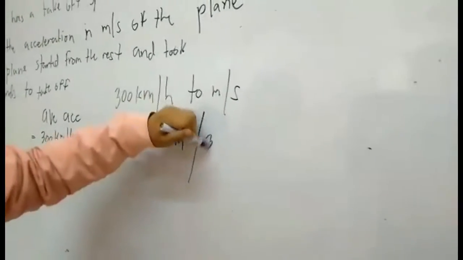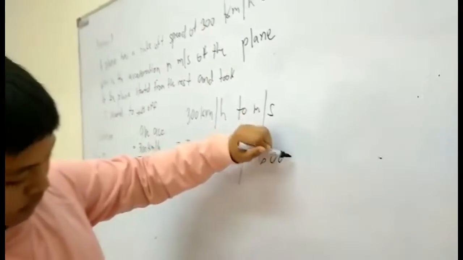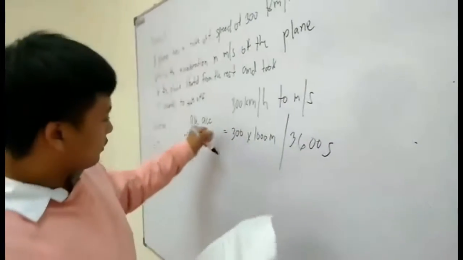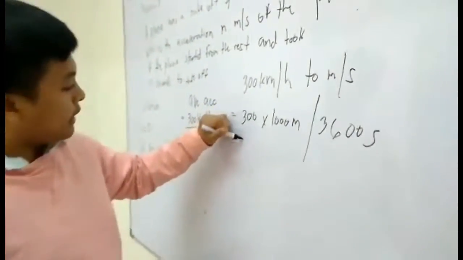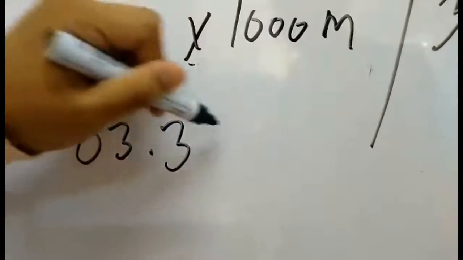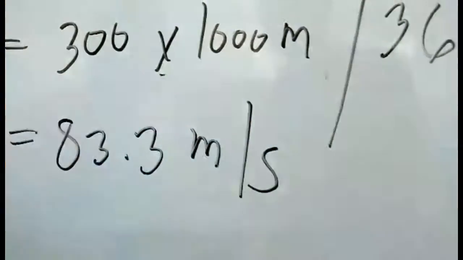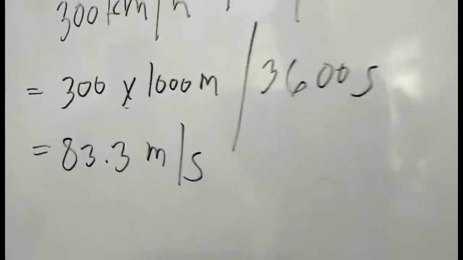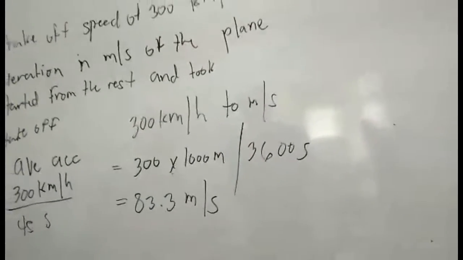Over 3,600 seconds. The answer is 83.3 meters per second. Here is the answer of 300 kilometers per hour to meters per second.